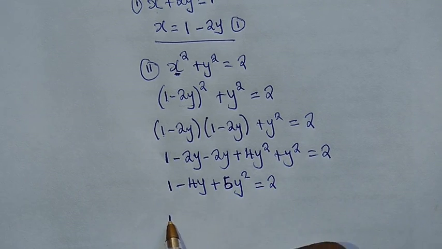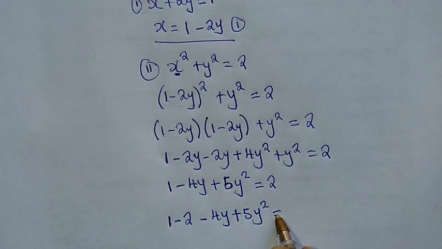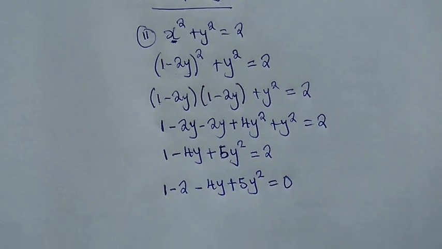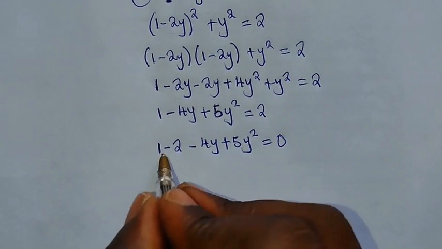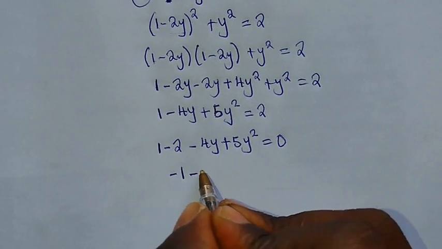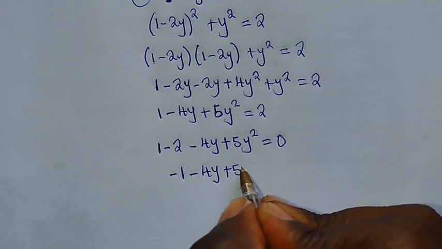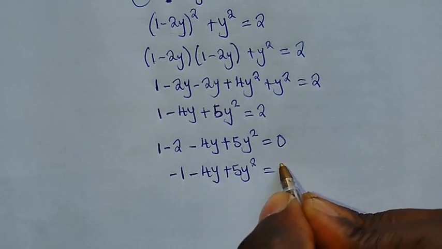We are going to have 1 minus 2, then minus 4y plus 5y squared is equal to what? 0. So from here we say 1 minus 2, this will be a negative 1, which is minus 4y, then plus 5y squared is equal to 0.